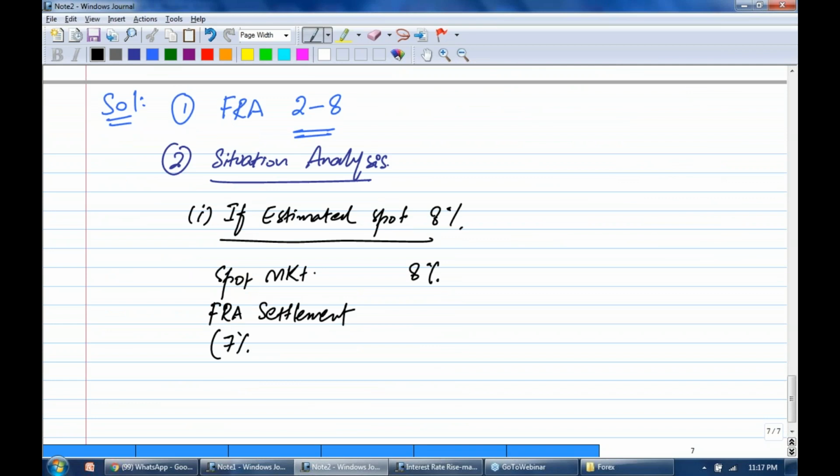But actual happened with the 8. So that means 1% gain. This is gain.